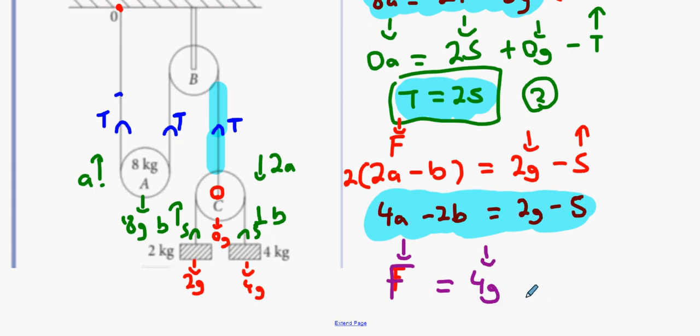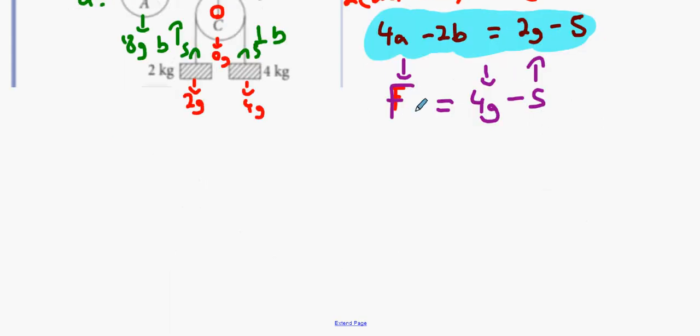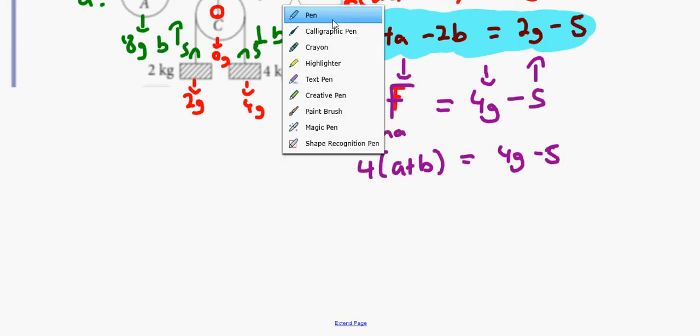Take away its tension, which is acting upwards. And then when we add it, it's going to be 4 times a plus b, because remember, it's mass times acceleration. 4 kilograms times a plus b equals 4g minus s.